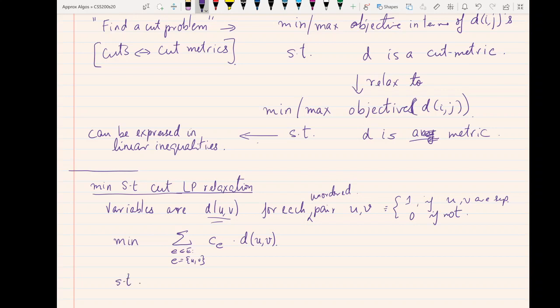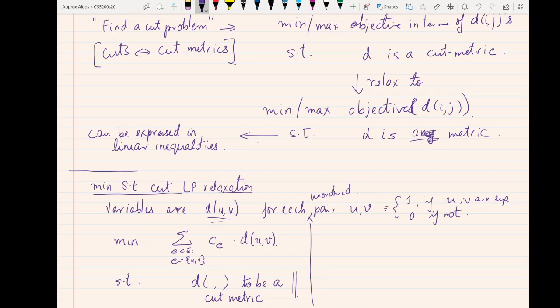Subject to, of course, as we had seen, we just want d, the distance function, to be a cut metric. Of course, writing this in terms of linear inequalities is not possible. In fact, it might be possible, but not in a polynomial size linear program.